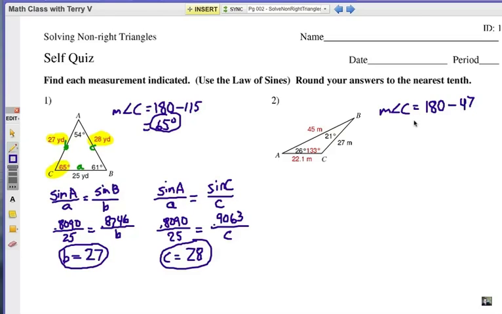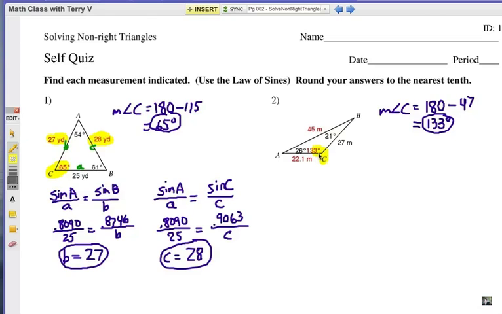All right, so angle C must measure 133 degrees. Yep, and there it is right there, that obtuse angle in the corner.